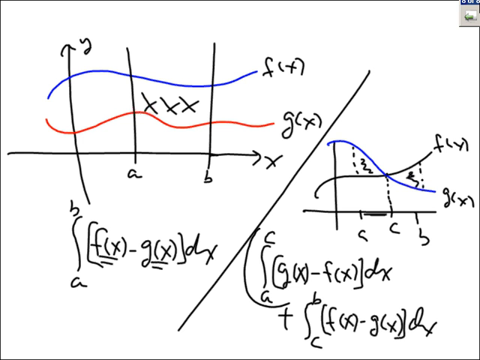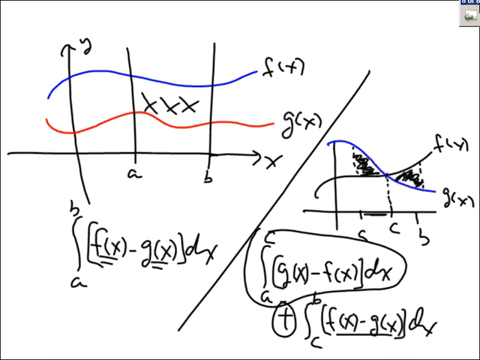Notice the first integral is A to C, where I have top minus bottom. That is, I'll get this area. Plus, now f is on top, f minus g. I'll get that area. If I add them up, I'll have the final answer.